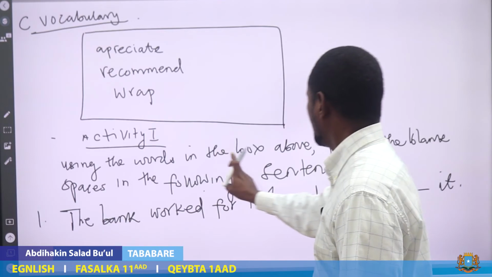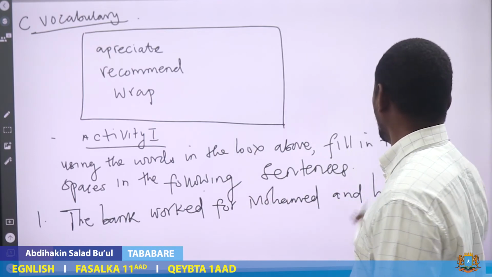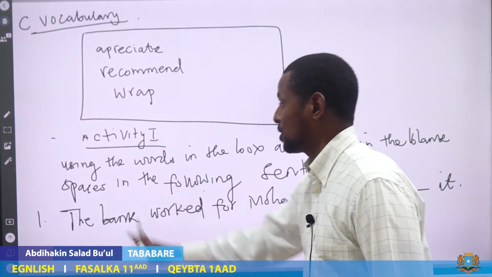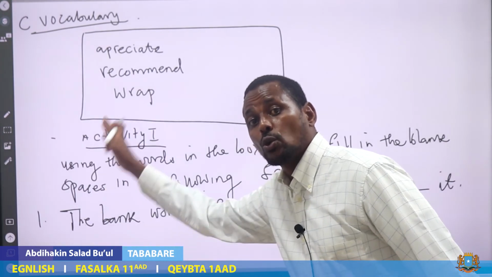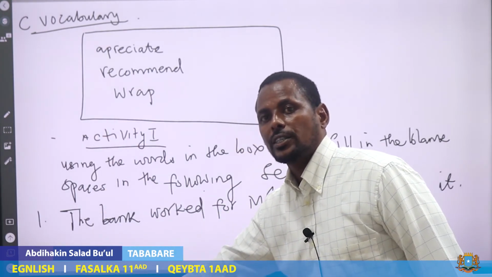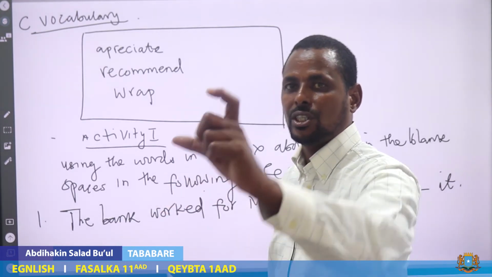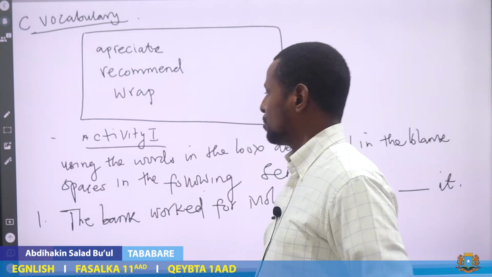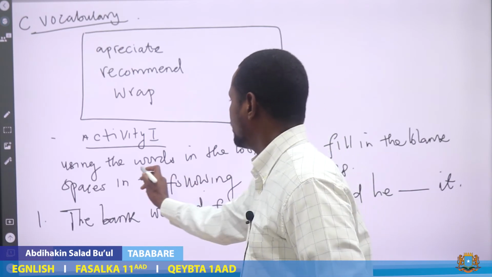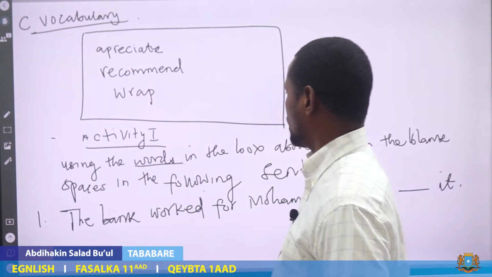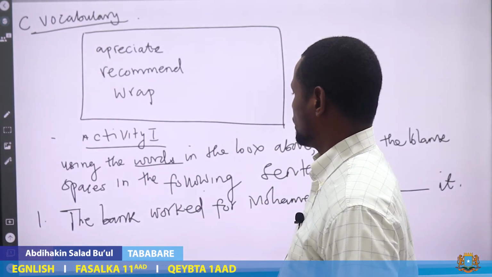Using the words in the box, fill in the blank spaces. That means you will be giving this student many sentences, although now, just to illustrate for you as teachers, I have given one.